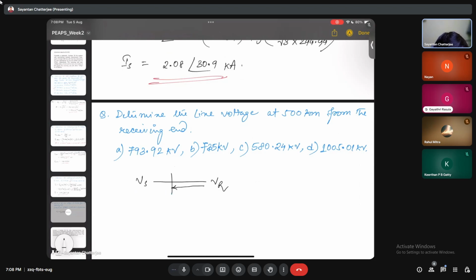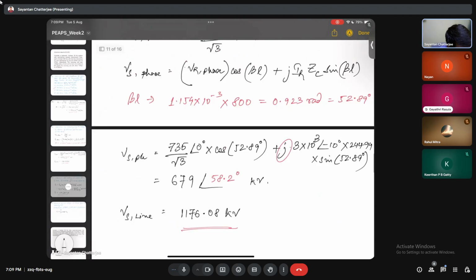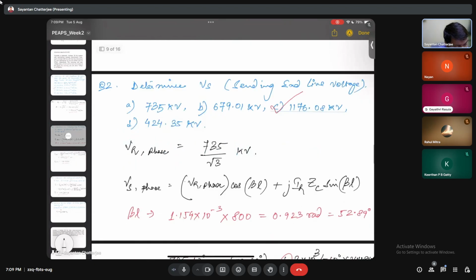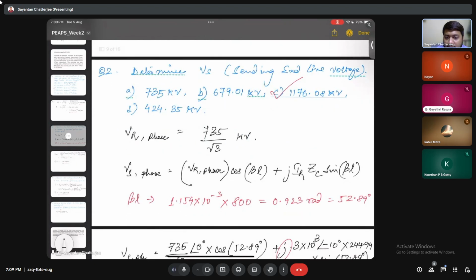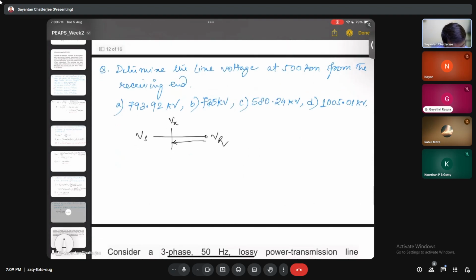Let's assume this as Vx. This is known, and we need to calculate here. The problem we are dealing with now is similar to the first one. That was Vs, where the length was 800, but here it is 500. Please calculate it fast.